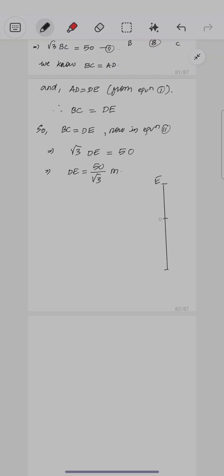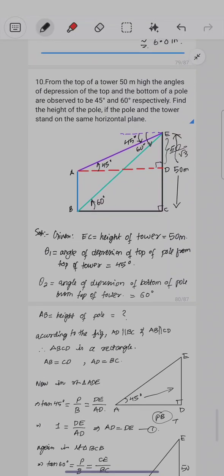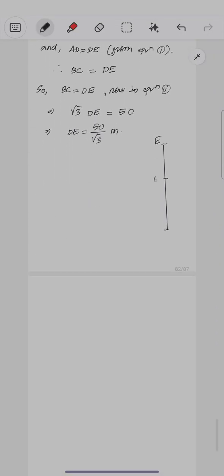In the diagram, E, D, C. ED is 50 by root 3 meters and EC is 50. Therefore, EC equals ED plus DC.